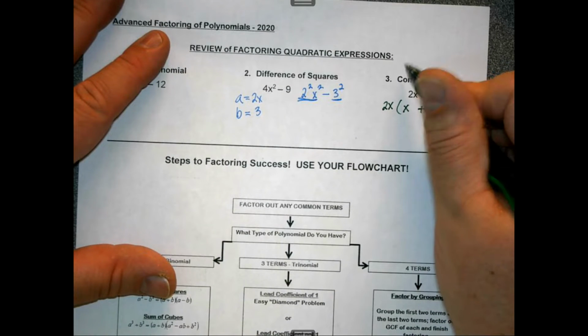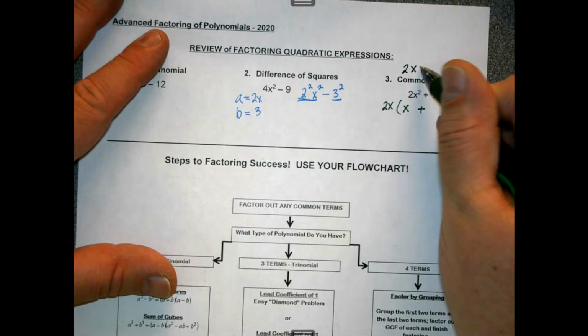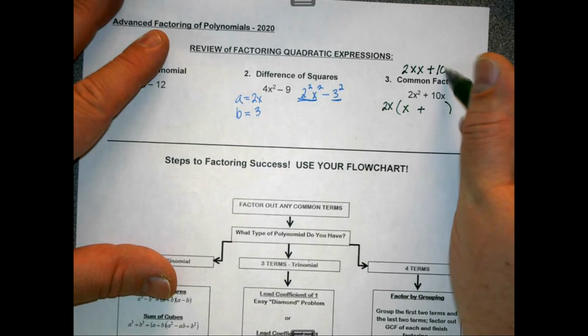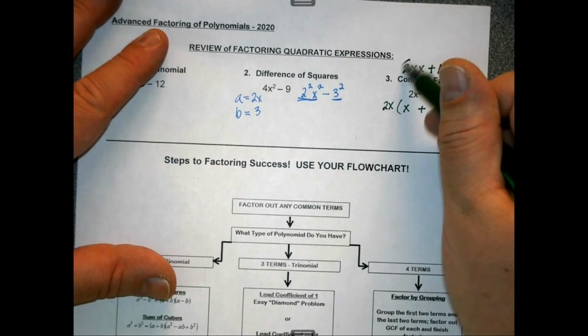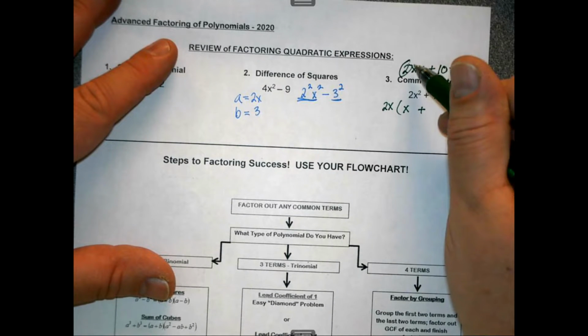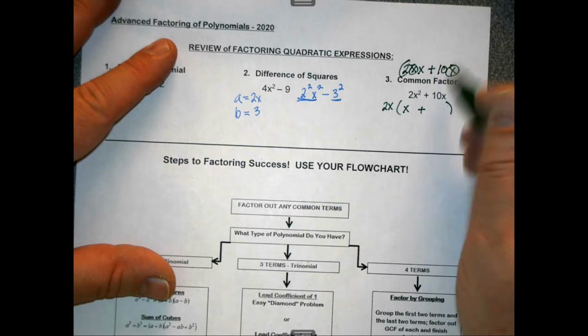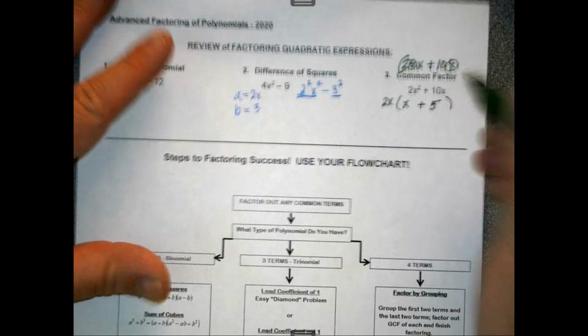This has two x's, right? This is 2 times x, 2x squared, and then this is 10x. So I can take out a 2 and one of the x's. If I take a 2 out of the 10, I have 5. Okay?